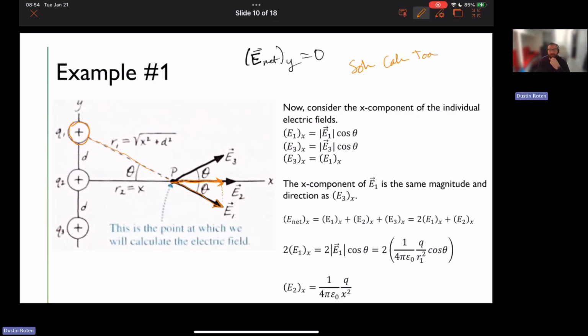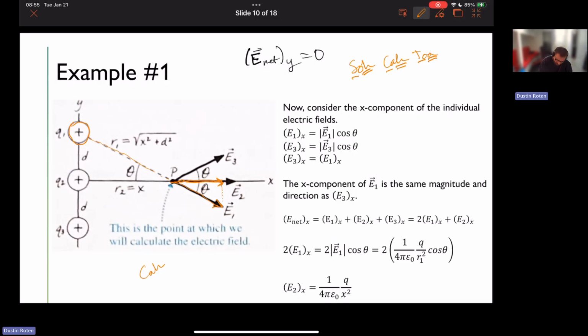Hopefully you all are familiar with that. I used it a lot last semester, but that's basically your sine, cosine, and tangent functions. The last two letters tell you what the ratio is: opposite over hypotenuse, adjacent over hypotenuse, opposite over adjacent. Since we want this adjacent piece, cosine is adjacent over hypotenuse.